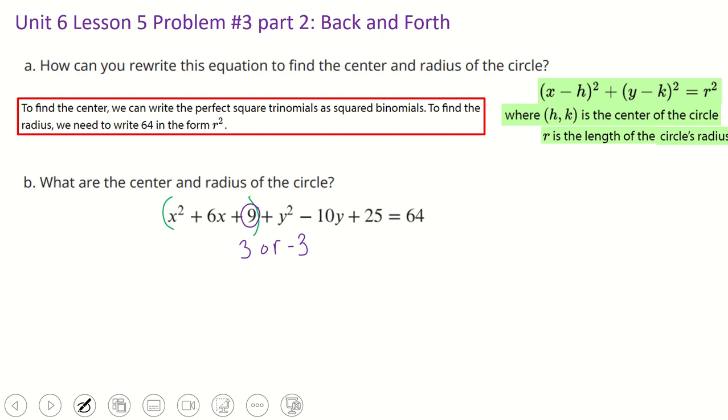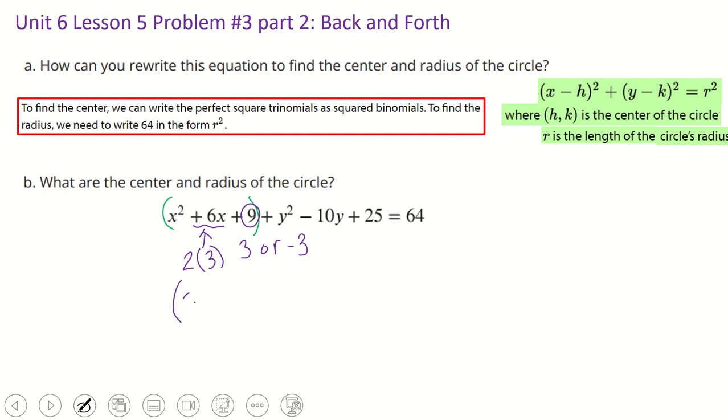Should I pick positive or negative? How I'm going to tell is based on my middle term. Because remember, we said that in order to get this middle term, we were going to have to do 2 times one of these numbers and then times our first value. So because this is a positive 6, I know that I have to pick positive 3, because 2 times 3 is going to give me 6x.